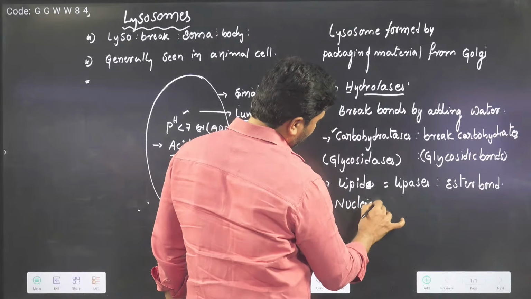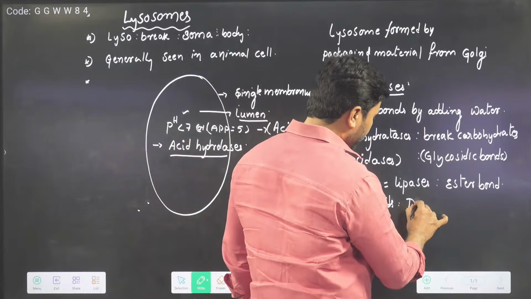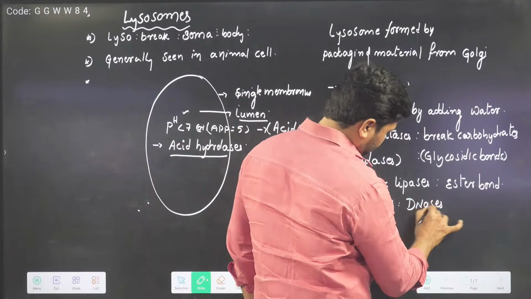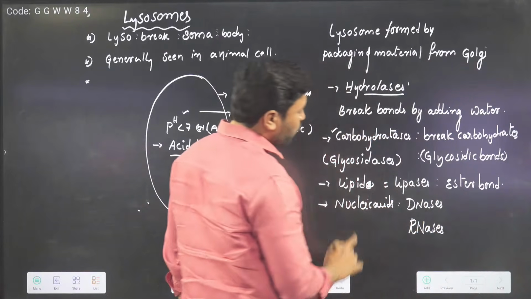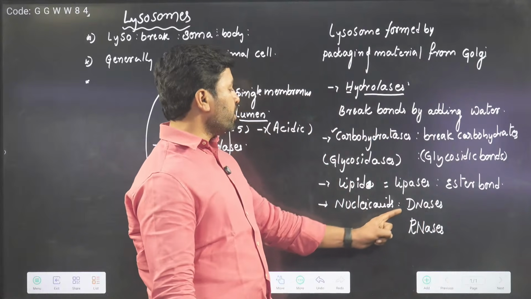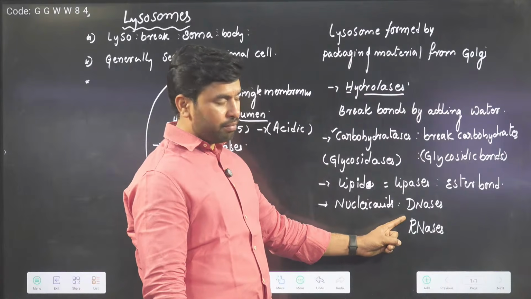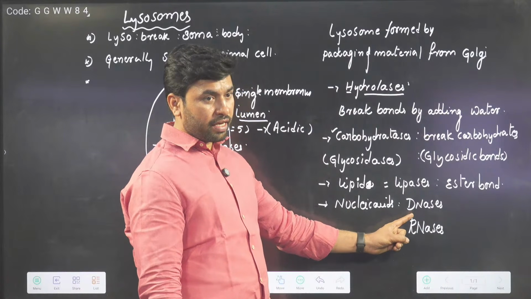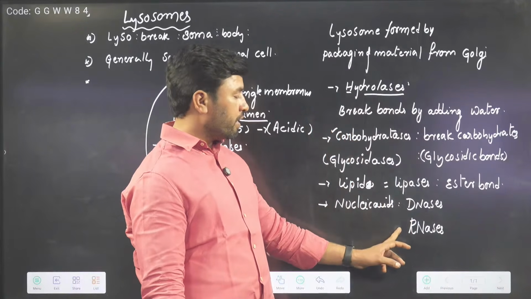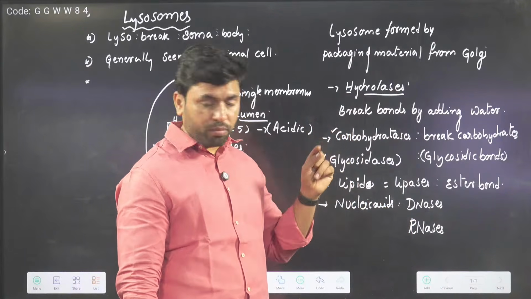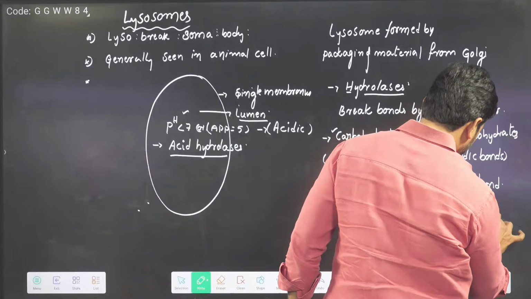They will break nucleic acids: DNAases, RNAases, they are specially breaking nucleic acids. Be careful while I am writing the name: I have given DN capital, ase small. That's a way to name them. DNAases, RNAases, they break bonds. What bond do they break? Obviously, the phosphodiester bond.